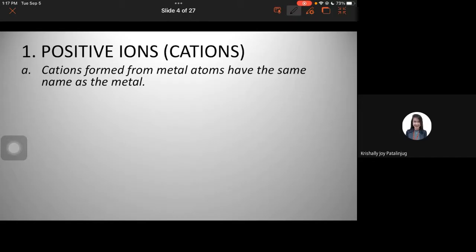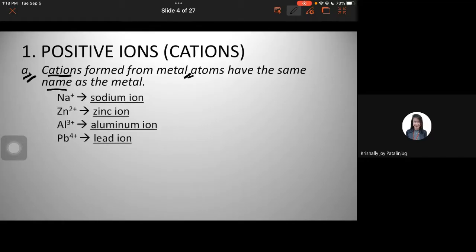First, cations. The first type of cations are those extracted from metals. When you observe their names, they just have the same name as their metal name. When you look at the list of cations in your notes, the ions of cations extracted from metals have the same name as their metal.